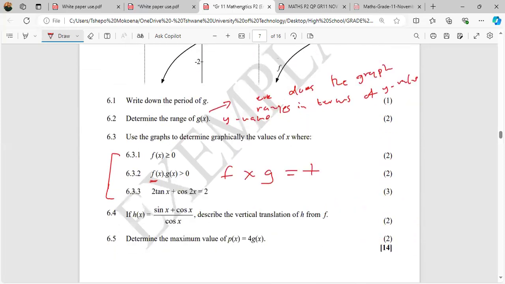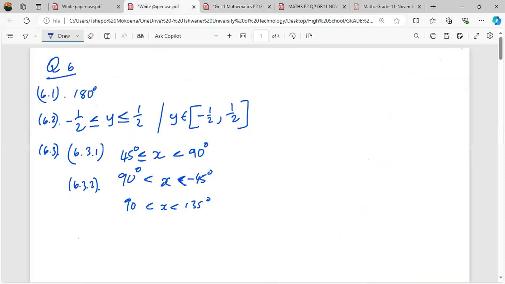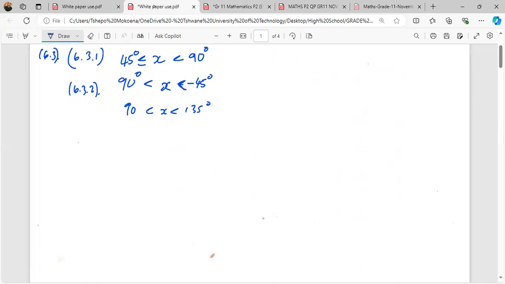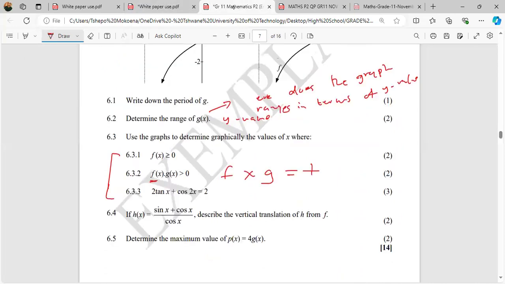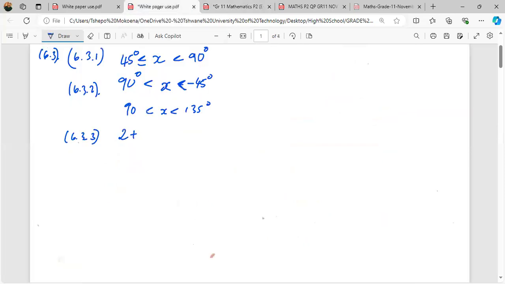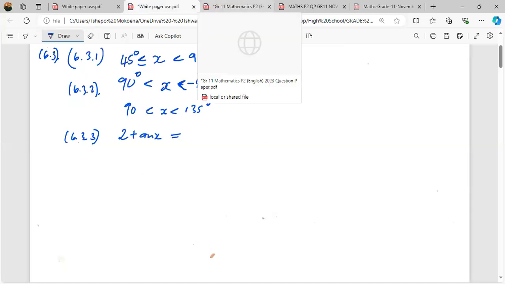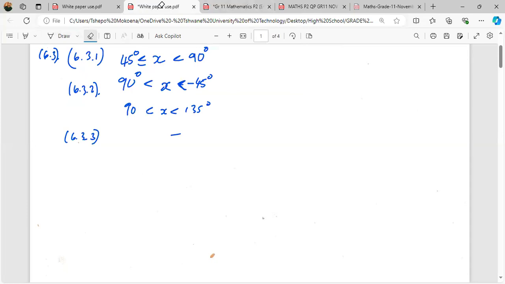Now, my advice, when you get to this question, let me show you what you need to do before you answer this question. Before you answer 6.3.3, what was the equation? It's 2 tan x, 2 tan of x is equals to, let me do this actually.